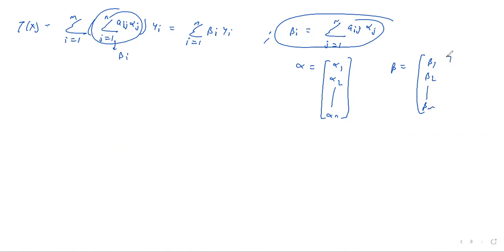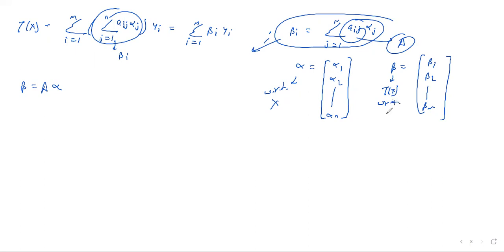So technically we have beta equals A alpha, where aij are the elements of the matrix A. So beta equals A alpha, where alpha is the coordinate vector of x with respect to basis x, and beta is the coordinate vector of Tx with respect to basis y.